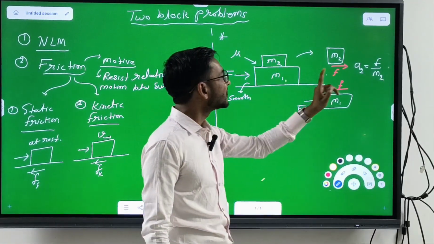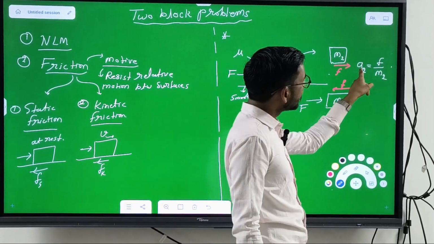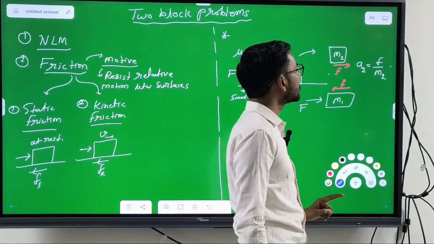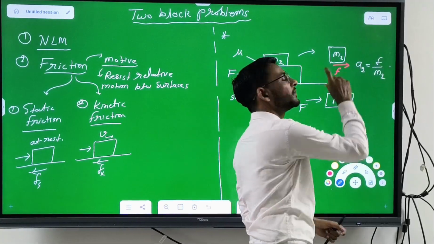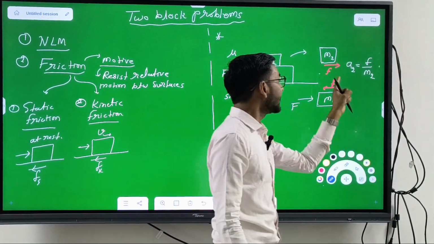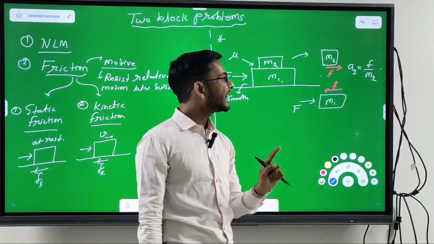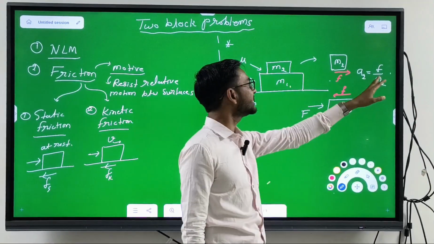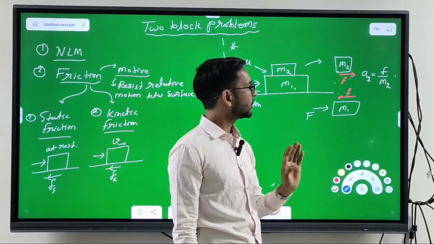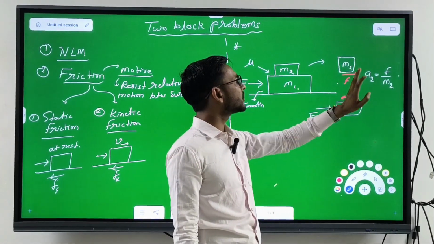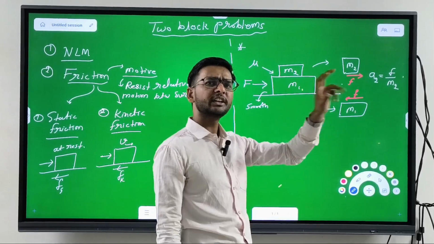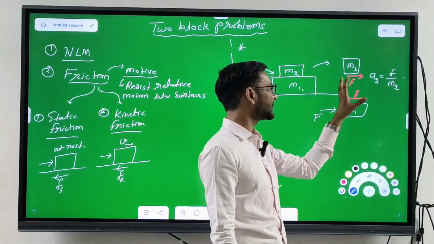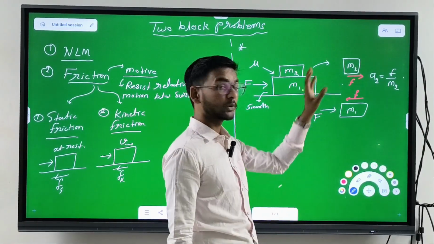But if we talk about the M2 block, there is a maximum limit of frictional force, and the acceleration of the M2 block cannot increase after the limiting friction. So there is a limit on the acceleration of the M2 block.